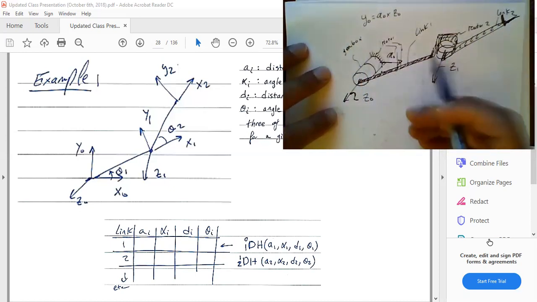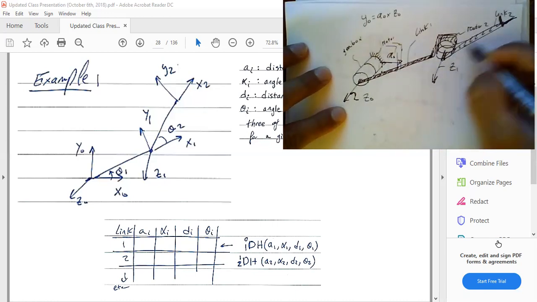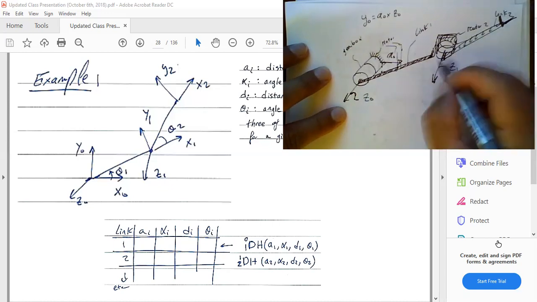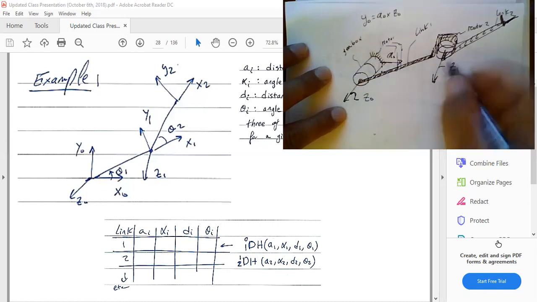So I can do this by my hand, right? And now if I want to put X1, we said X1 has to be how? X1 has to be perpendicular to Z1. So will X1 be along this length or no? No, it will not be along this length. X1 has to be perpendicular to Z0. It's actually along this length right there.